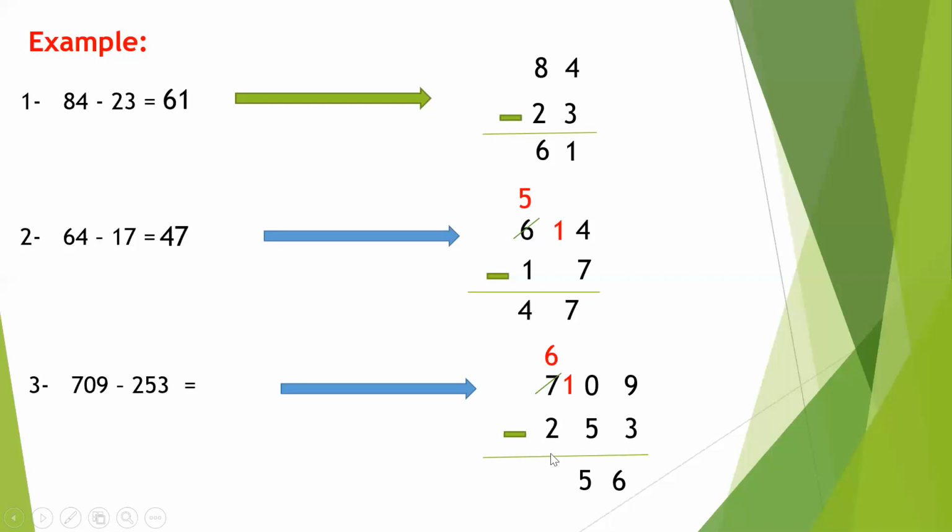After 2, 3, 4, 5, 6. So I have 4 on my fingers. So the answer here is 456. So I put the final answer. This is how you do subtraction.